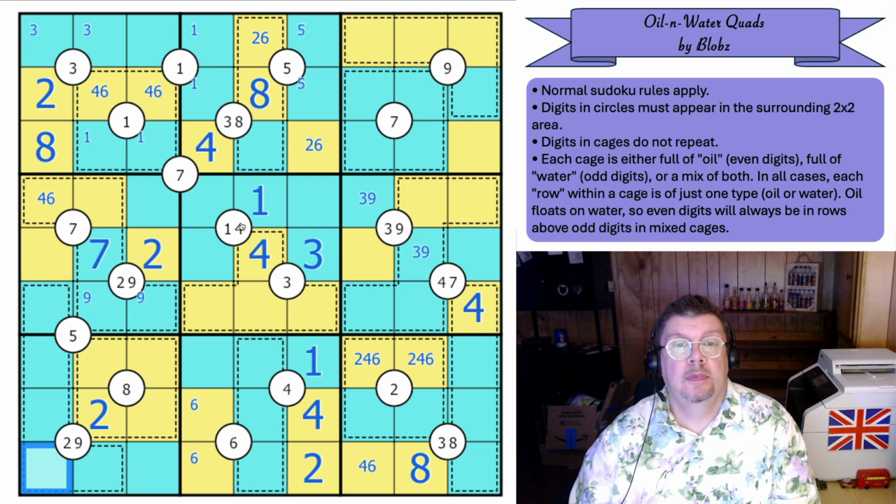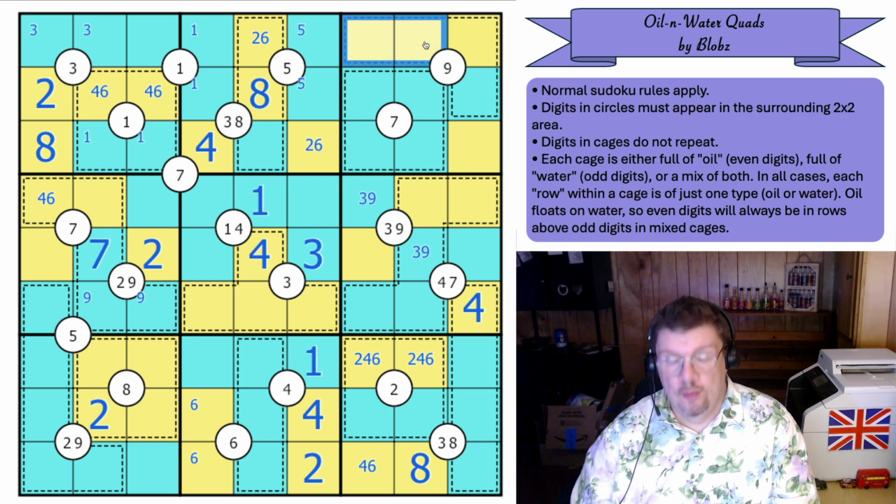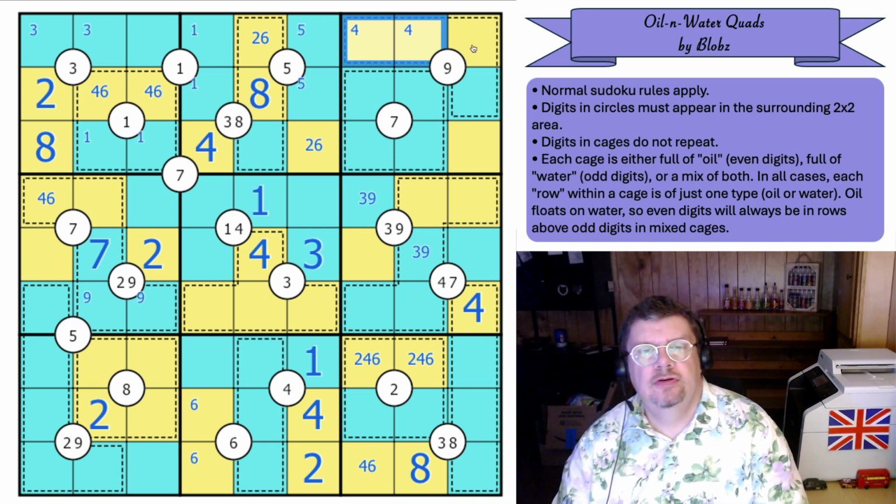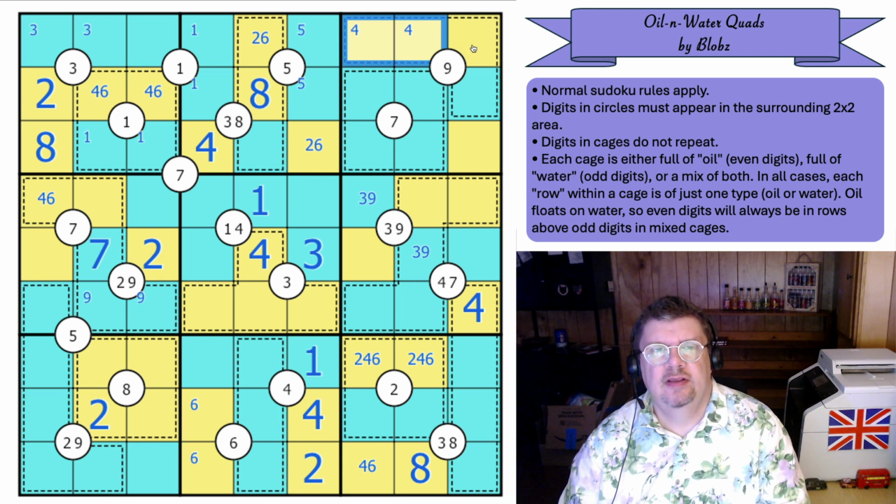Okay. Right, we get a 4 in one of those two by sudoku. We should be able to largely treat this as two sudoku puzzles now. One with the odd digits and one with the even digits.